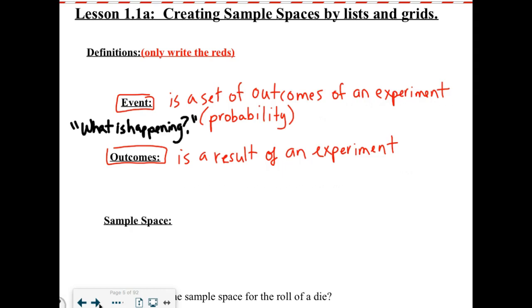Alright. You should also note that one outcome happens in an experiment.